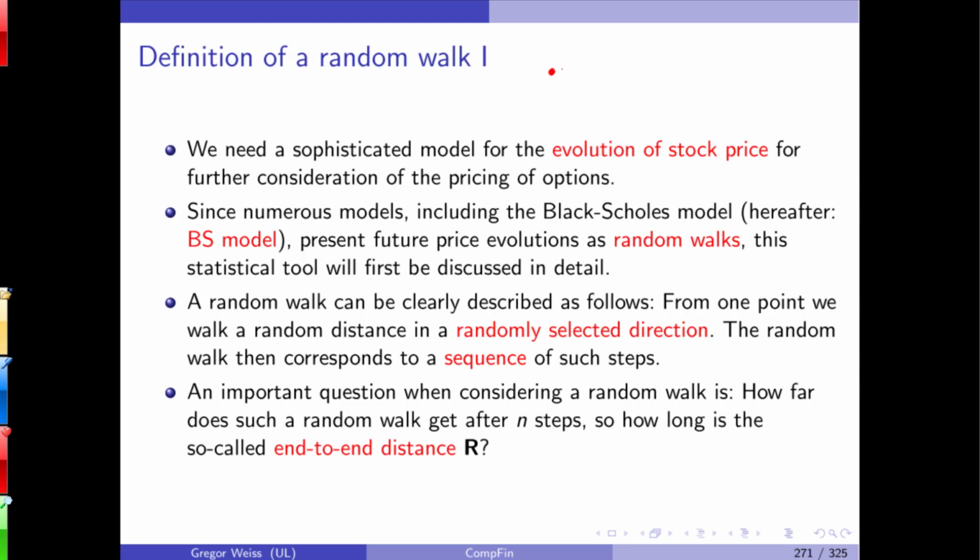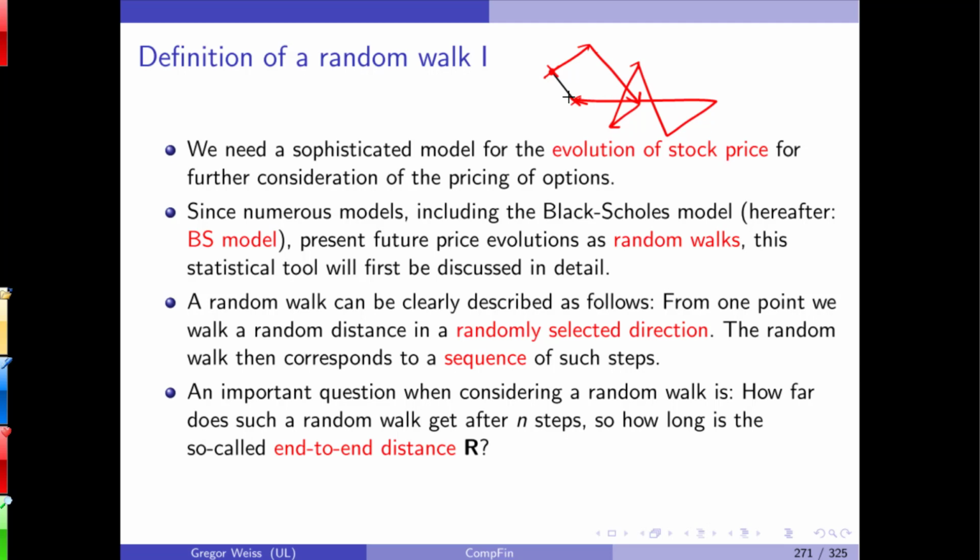For example, you will start here, take a walk to this point, then here, again, to this point, and so on. And what is now interesting is this is the starting point, this is the end point, and what is the distance between these 2 points, the end point and the starting point.